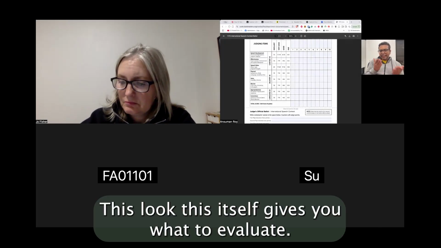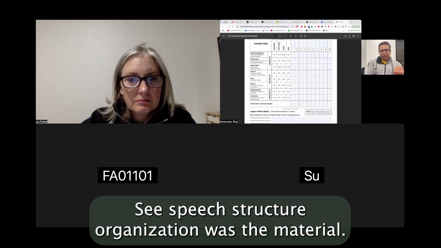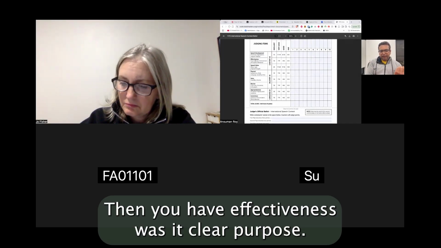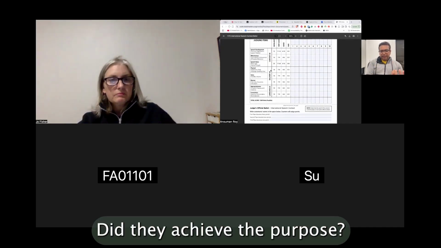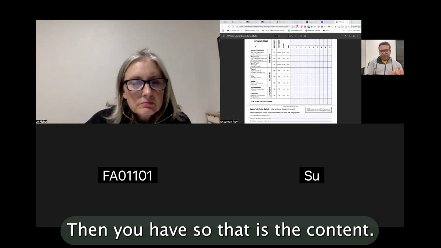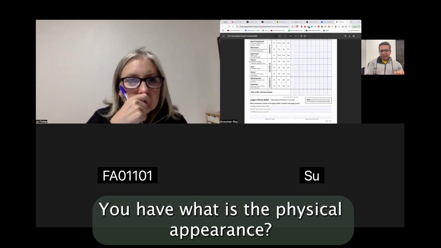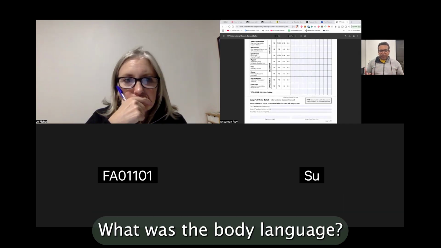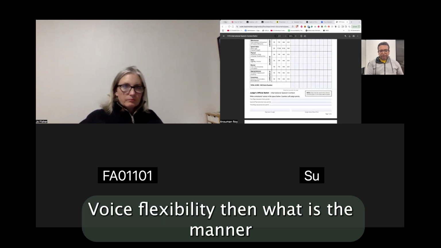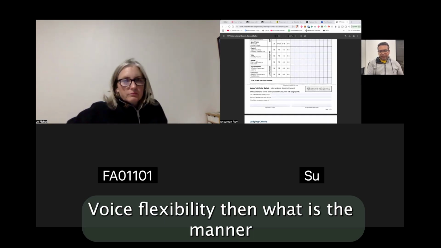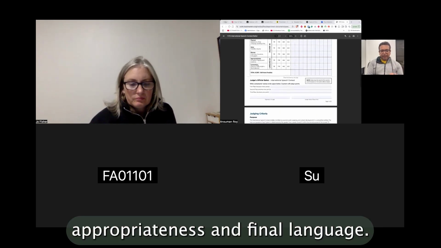Just look, this itself gives you what to evaluate. See, speech structure, organization, was the material. Then you have effectiveness. Was it clear purpose? Did they achieve the purpose? So that is the content. Then you have delivery. What is the physical appearance? What was the body language? Did they move across the speaking area? Then voice, flexibility. Then what is the manner: direct, assurance, enthusiastic, appropriateness.